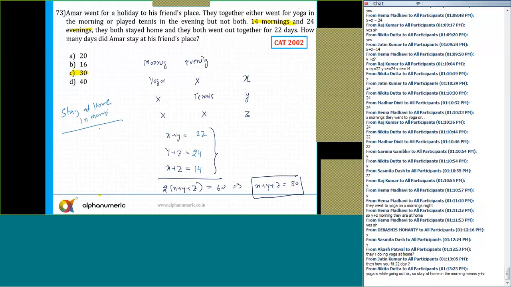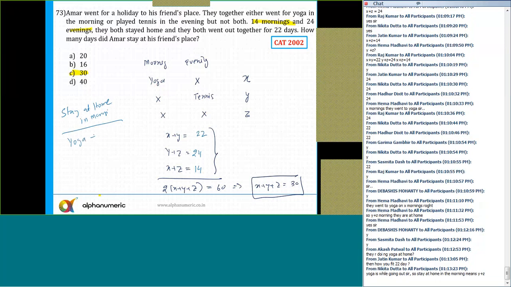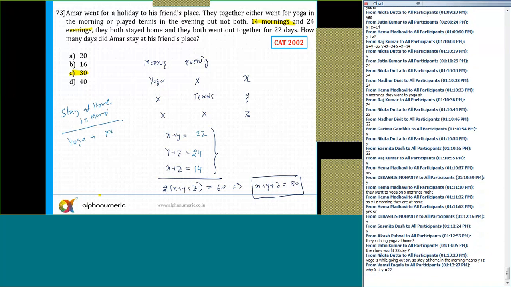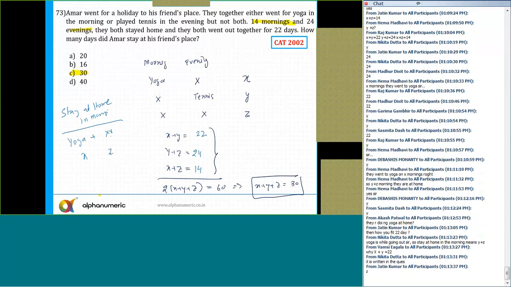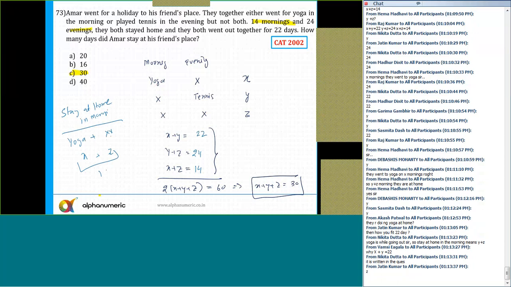In the morning, they are doing yoga, or in the morning they are doing nothing and staying at home. So how many days have they done yoga? X. And how many days are there in which they are doing nothing at all? That will be equal to Z. So that's why X plus Z is equal to 14. Is that clear now?